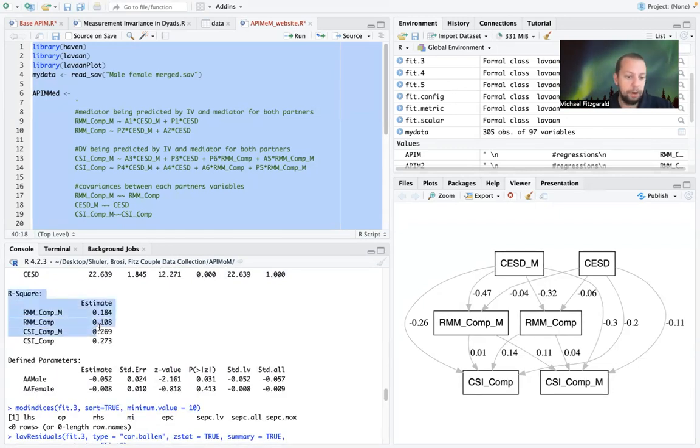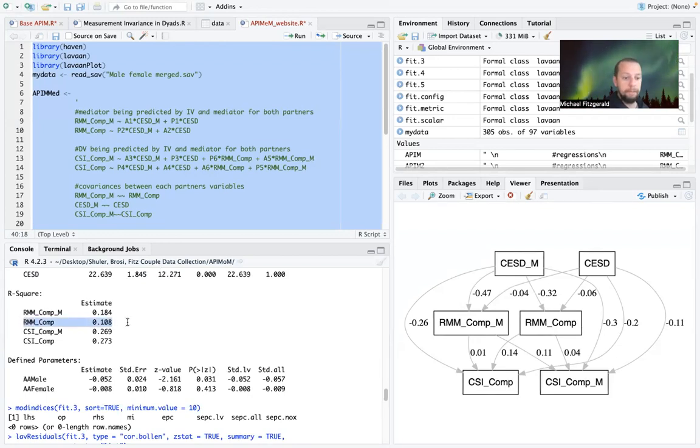And then here is our R squared. So how much variance is our model accounting for in our mediator and our dependent variable? And as we can see, relationship mindfulness is being predicted significantly by depression. So 18.4% of male relationship mindfulness is explained by male and female depression.